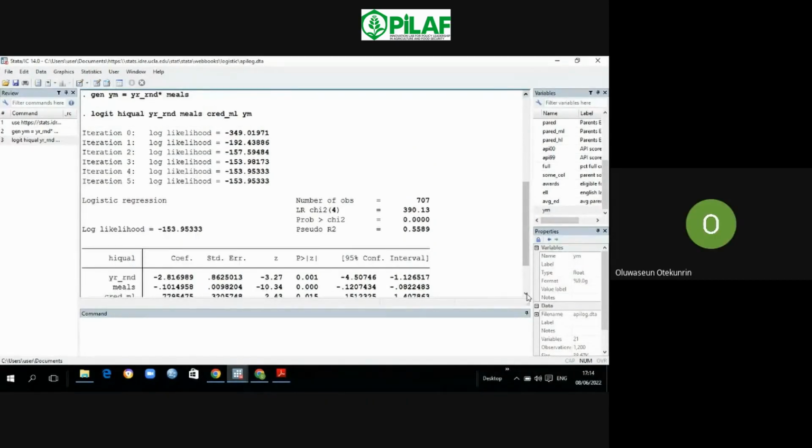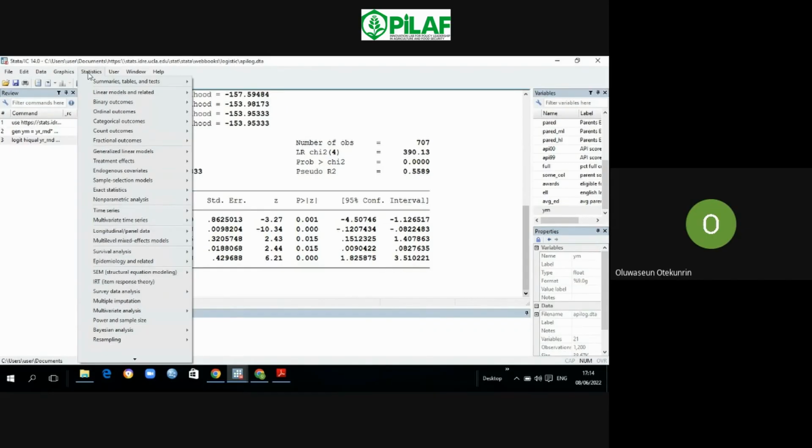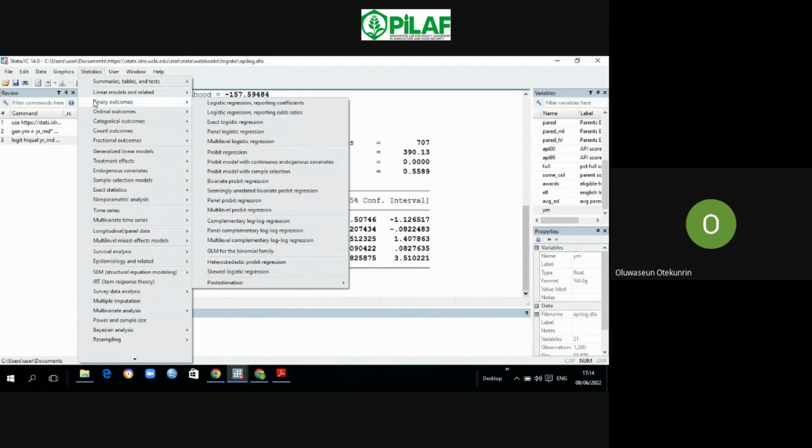Okay. So now that we have the results, let us go to statistics from our menu. From statistics, go to binary outcomes. From binary outcomes, go to post estimation.